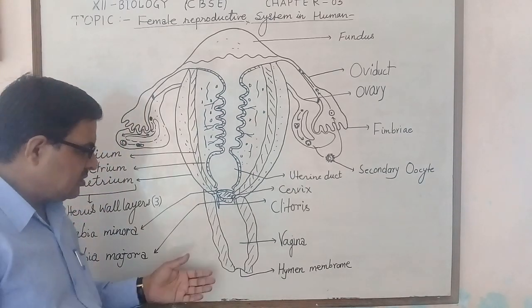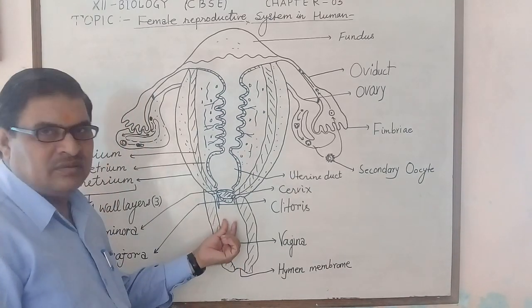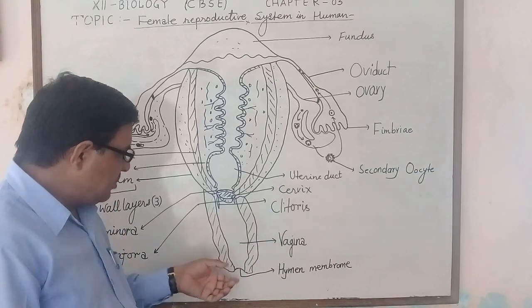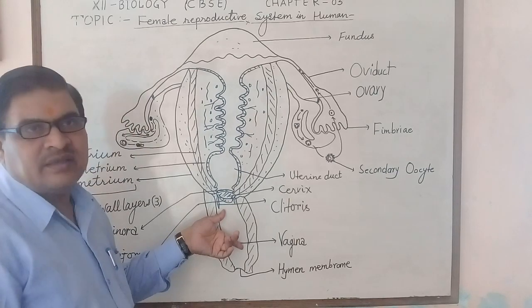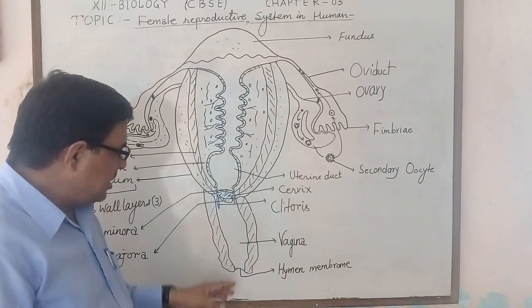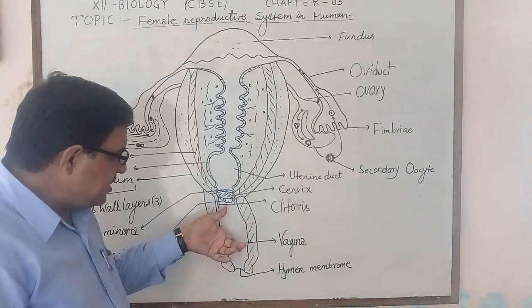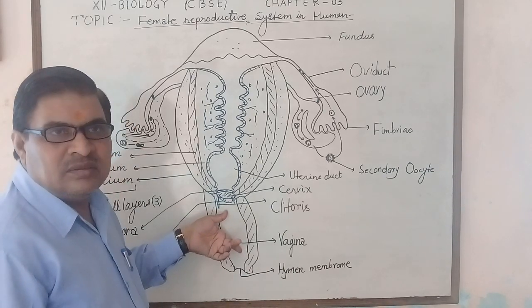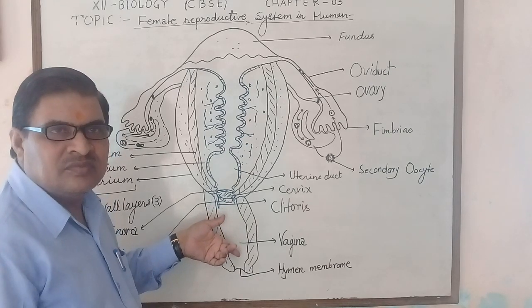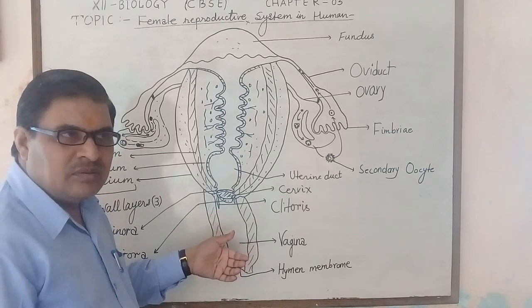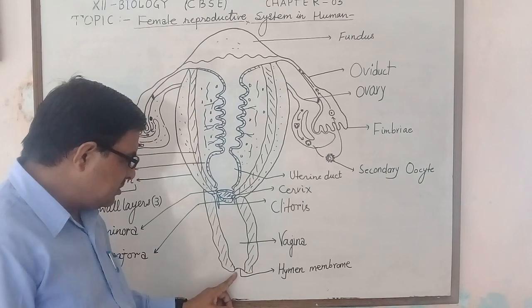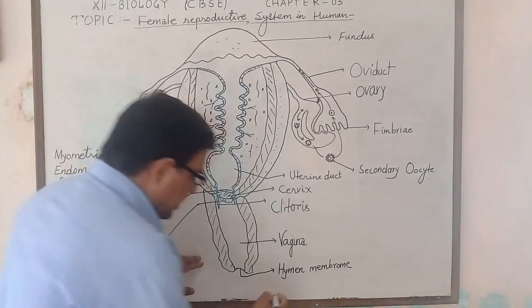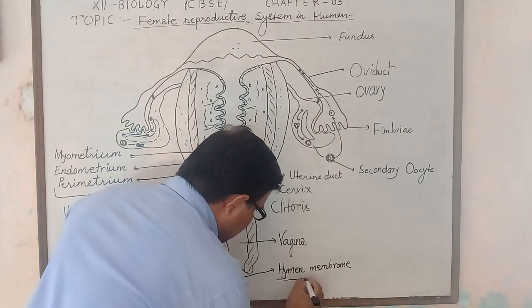The outermost part is the vagina, which is about 2 to 3 inches long and covered by a very thin membrane called the hymen.